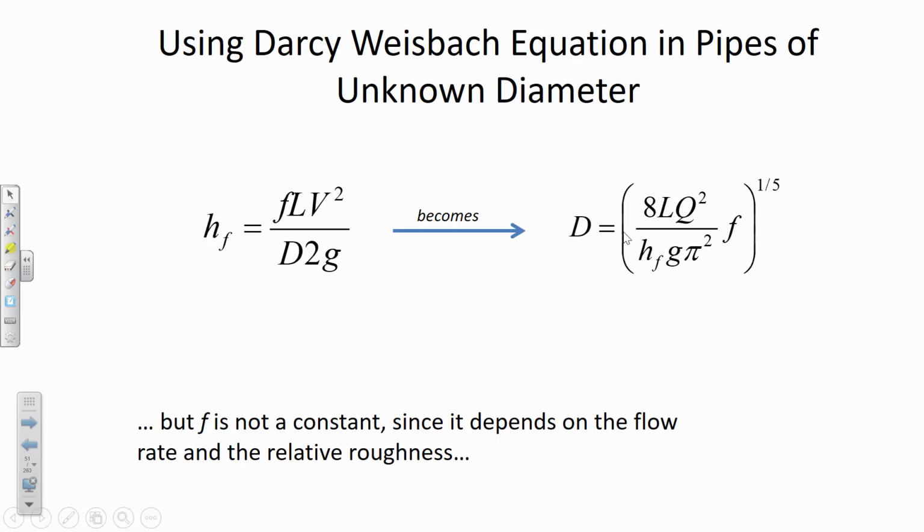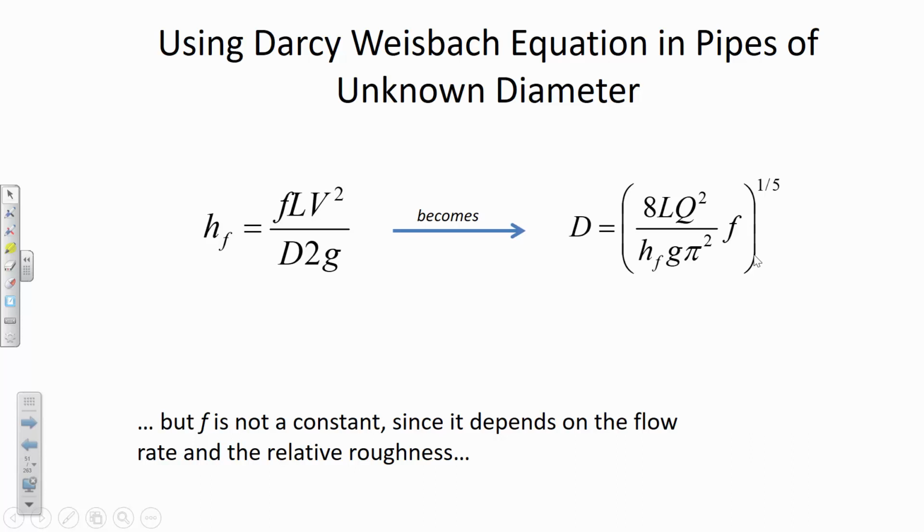This isn't going to be a one-step calculation to find out how big the pipe should be. Even if we did know the flow rate, maybe it's 100 liters per second, and even if we did know the allowable head loss, 3 meters of head loss, the thing that we don't know right off the bat is the f value.